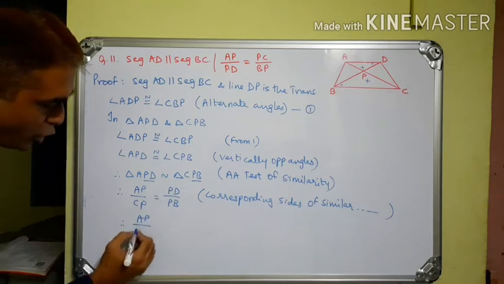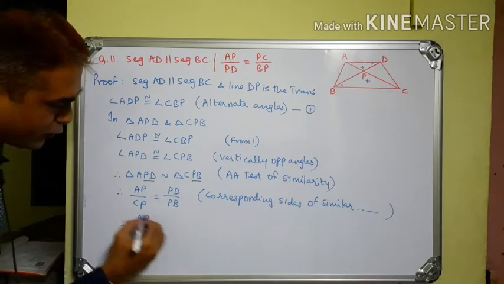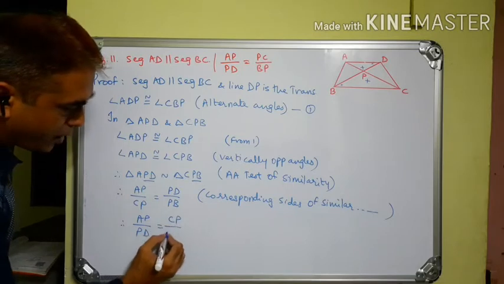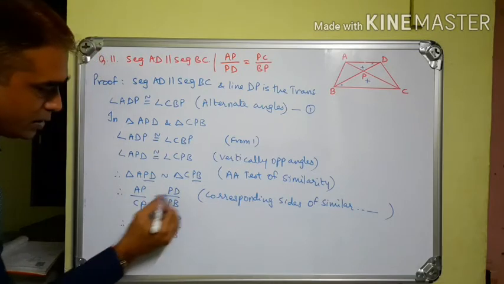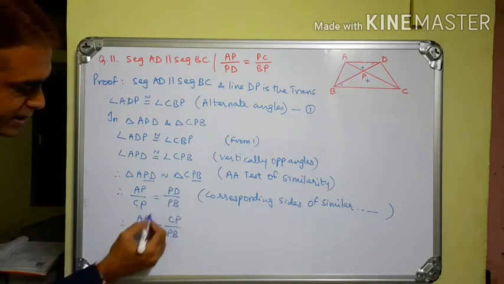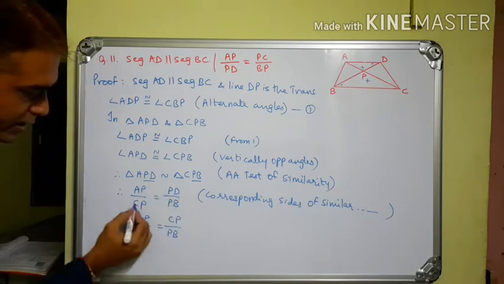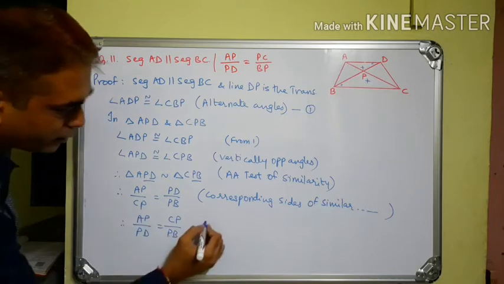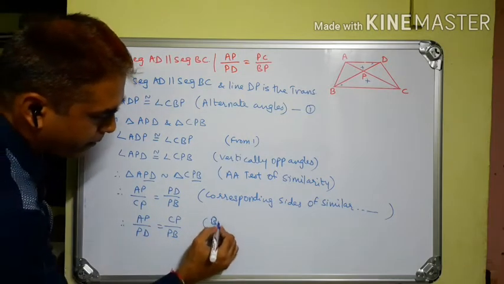AP upon PD equals to CP upon PB. These two elements will exchange their places. So PD will be written here and CP will be written here. This is by alternando.